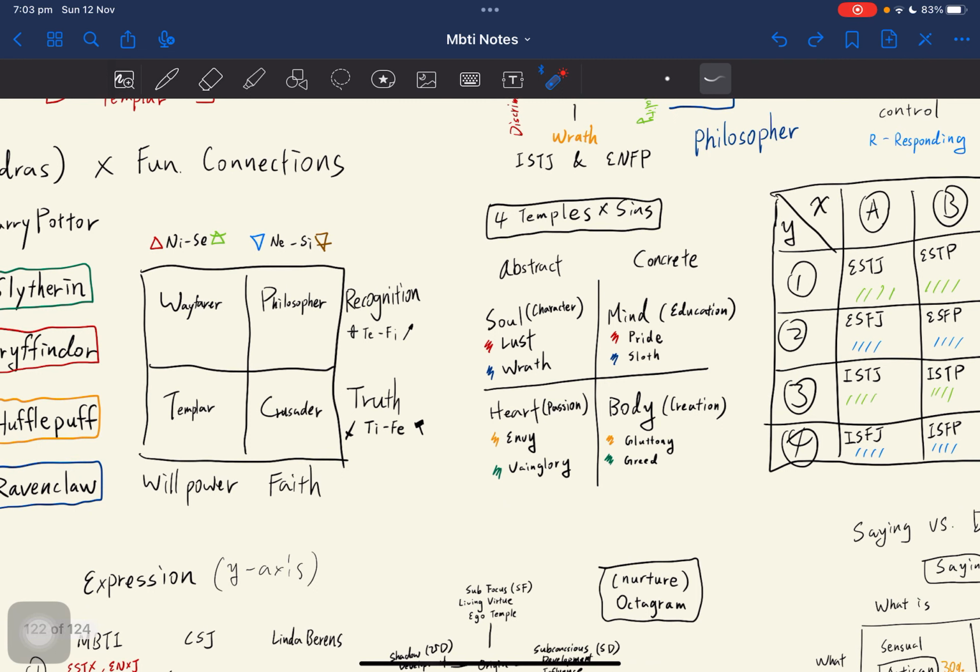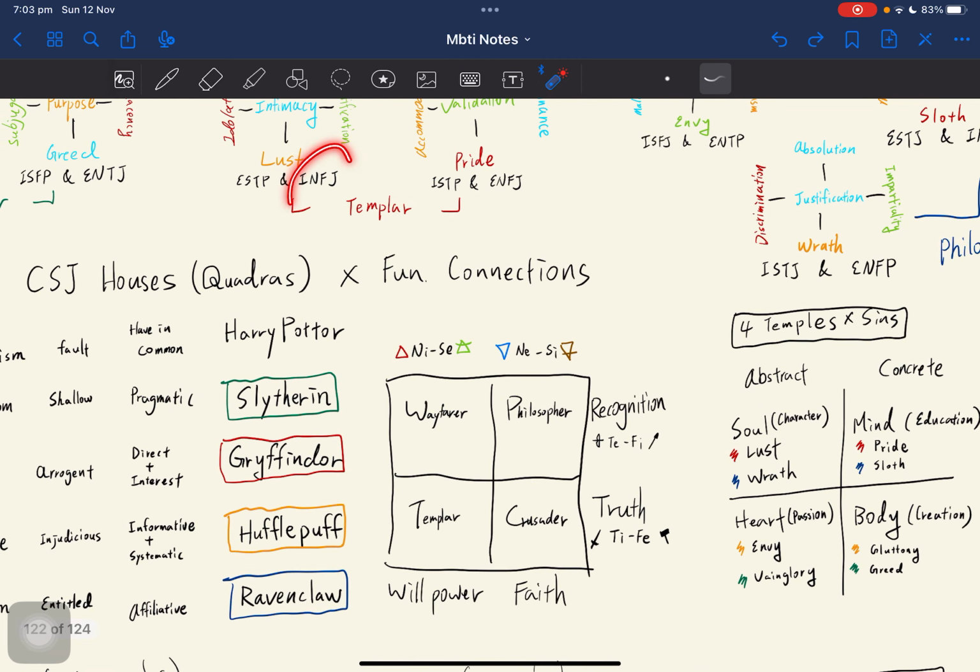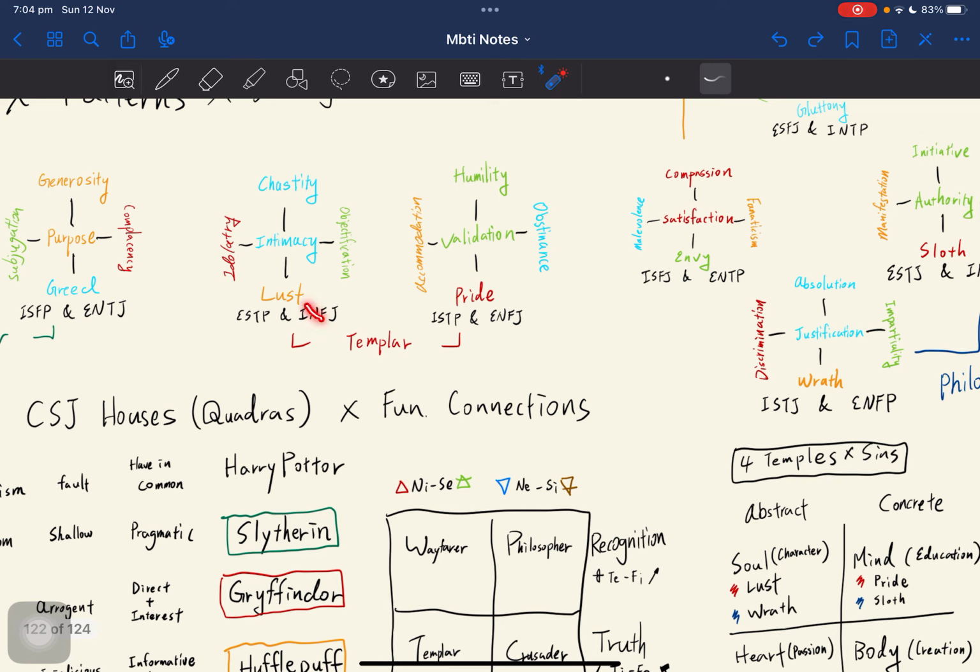But if you already know their type, for example, you already know they are INFJ, then you can do it in reverse. Because you know they are INFJ, it means they have lust aestheticism, and then you look up backwards and find out, oh, they care about someone's character the most.